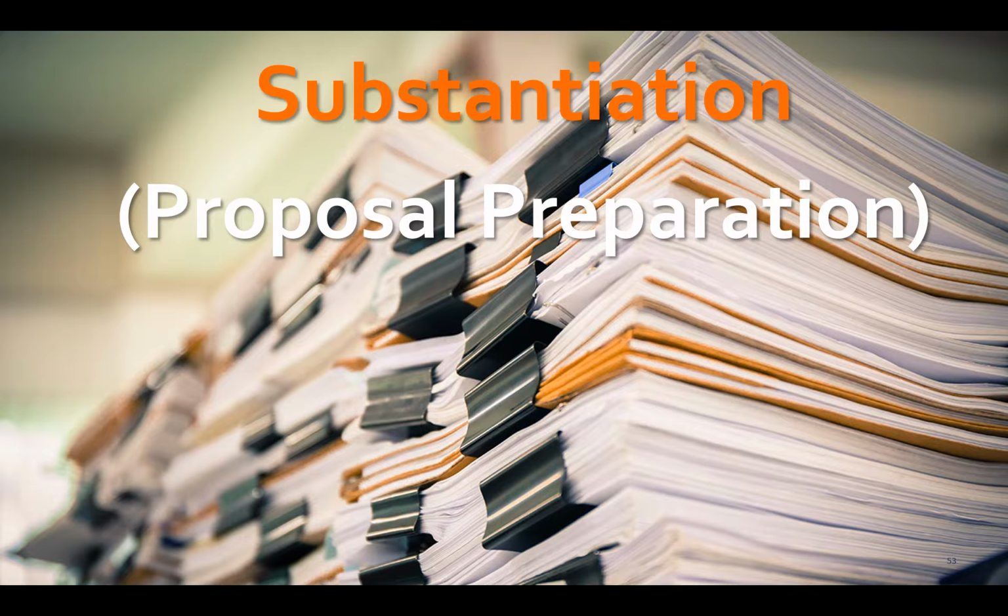Let's discuss substantiation now. Remember, the proposal you're supposed to provide is essentially the documents that prove your self-score is justifiable. These are the award document, perhaps the statement of work, the SAO, the FPDS printouts of the contract.